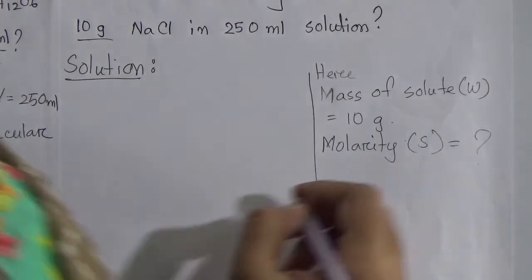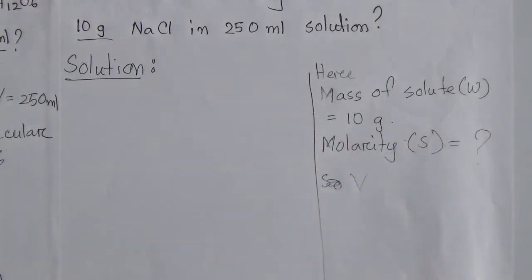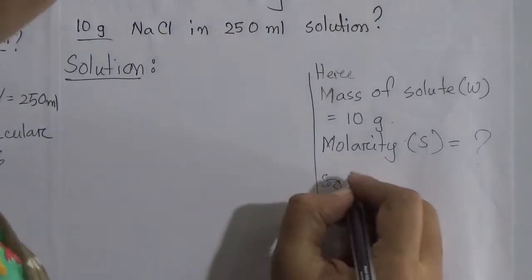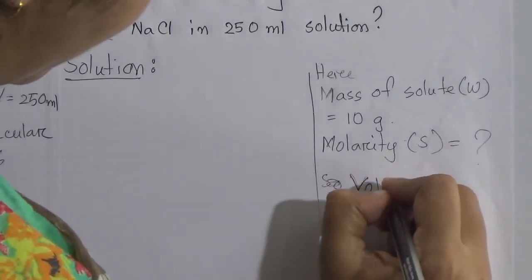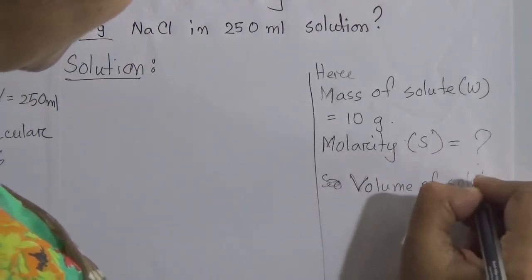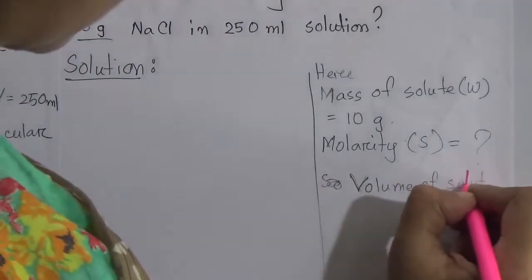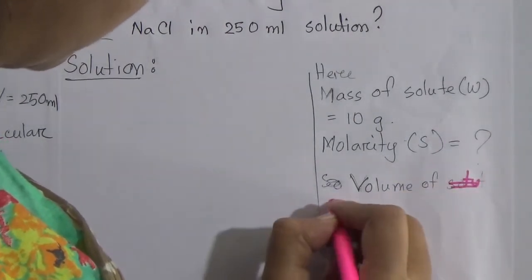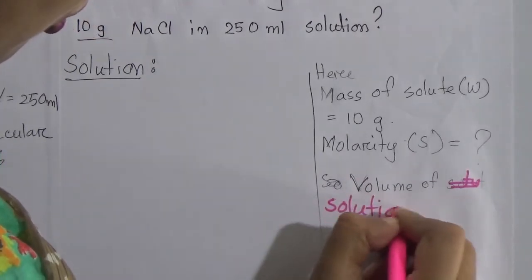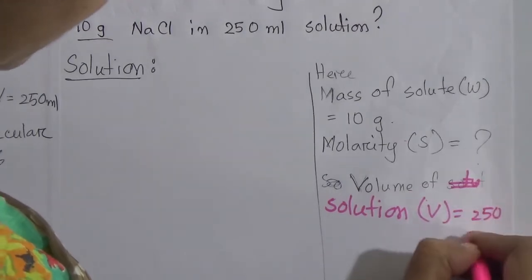Next one is V, volume of the solution. Sorry students, my pen is not working. Volume of solution, that means V is equal to 250 ml.